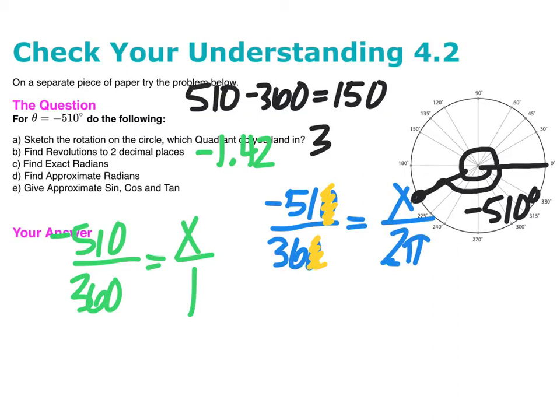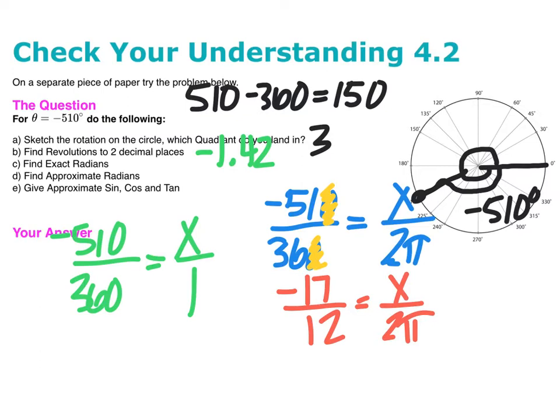You might be tempted to think it doesn't simplify any further, but actually you can pull out a multiple of 3 from both of these if you want to. I'm going to go ahead and do that. 17 times 3 is 51, so this is going to become a negative 17. 3 coming out of the 36 is going to be our 12 on that. And then we have x over 2 pi. Last thing I want to do here is just solve for x.